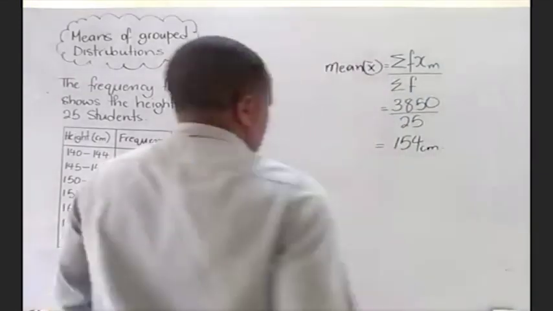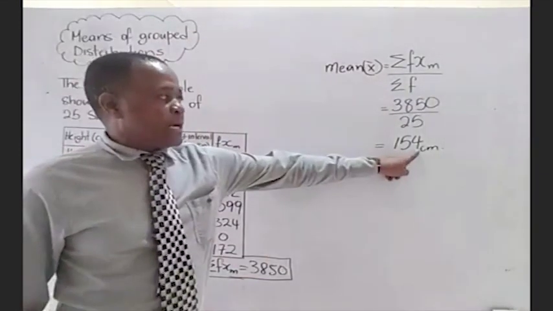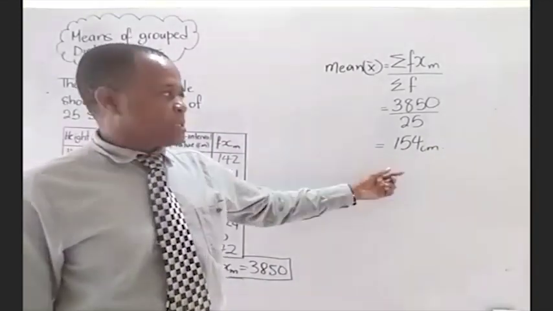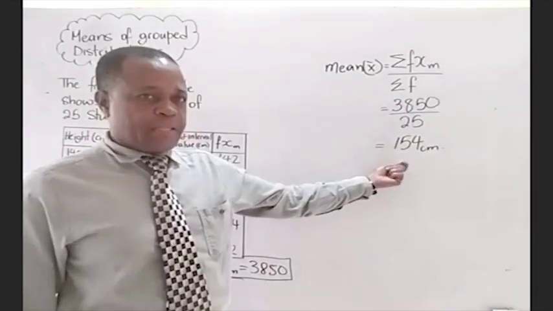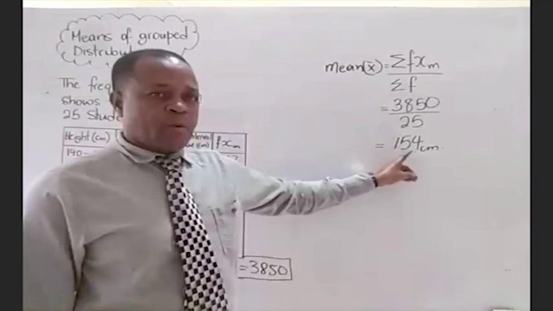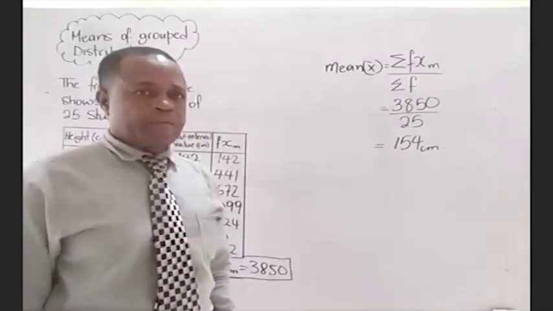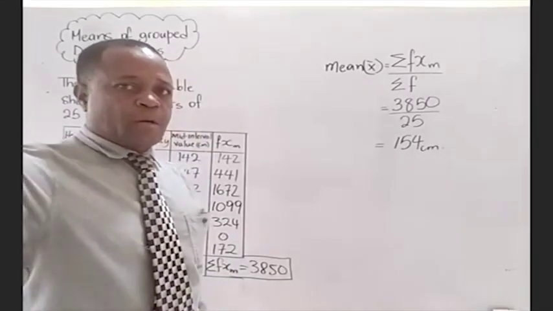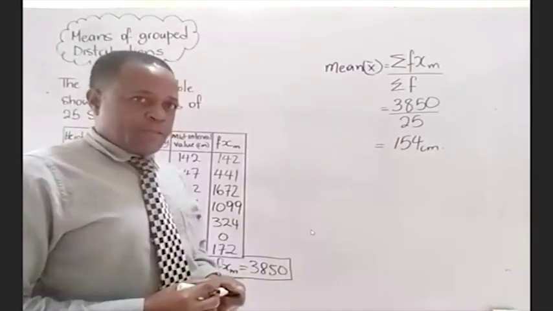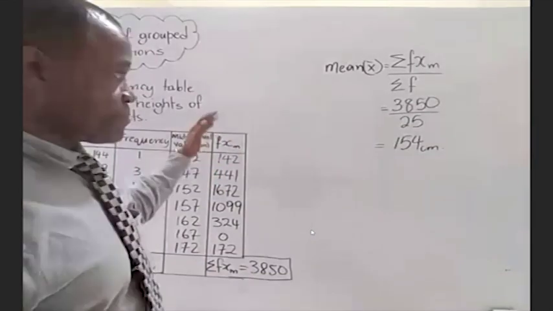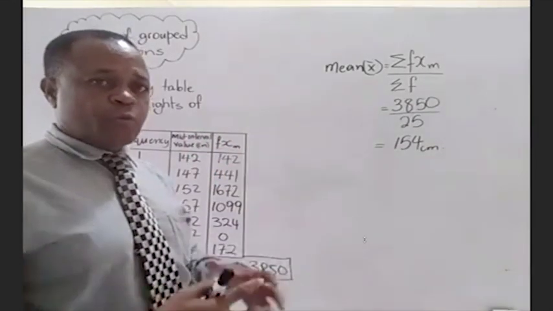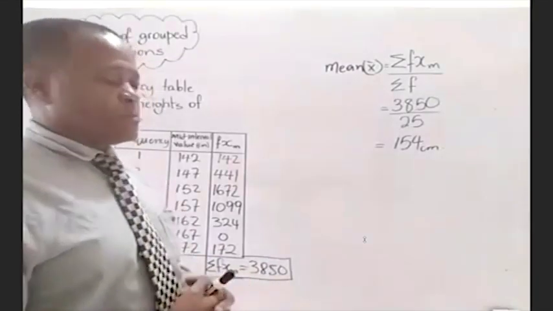So here, what we're actually doing is estimating that our mean height for those 25 students would have been 154 centimeters. Now, that's how we go about calculating the mean from our frequency distribution group table.